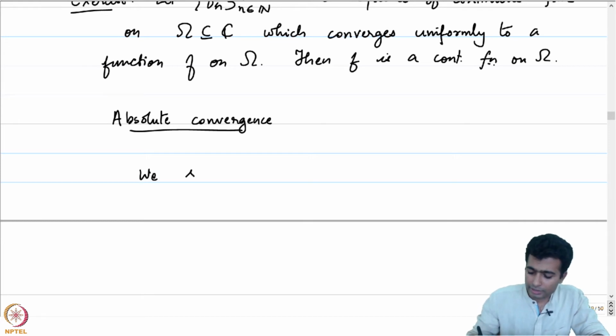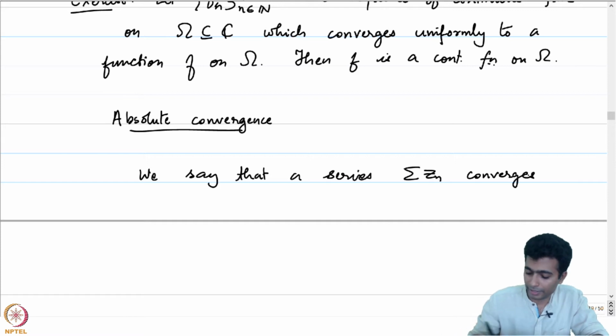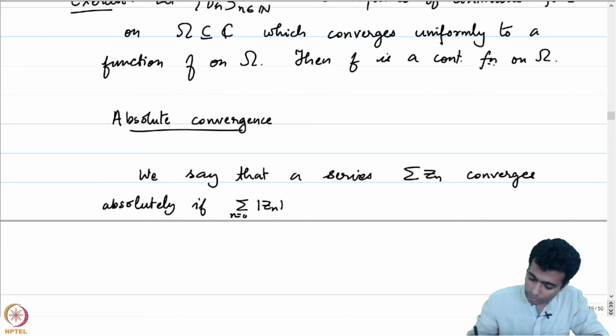So we say that a series summation Zn converges absolutely if the series summation absolute value of Zn converges. The word absolute is coming from here, n equal to 0 to infinity or 1 to infinity, it doesn't matter. Let me put 1 for consistency.